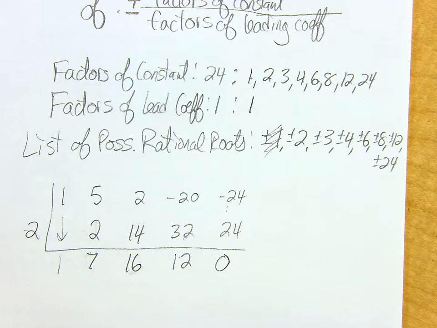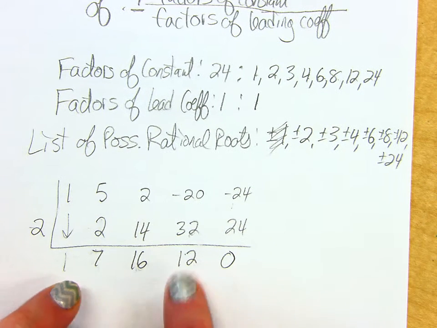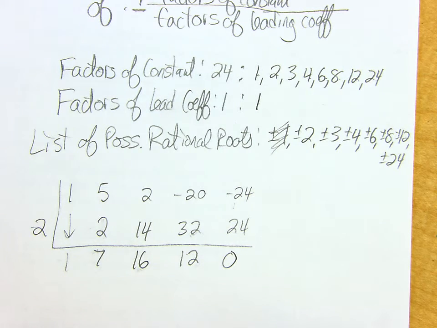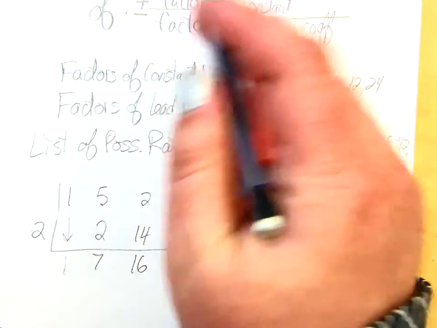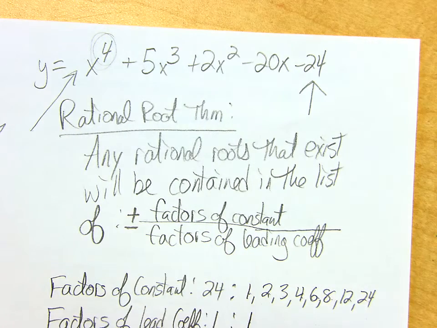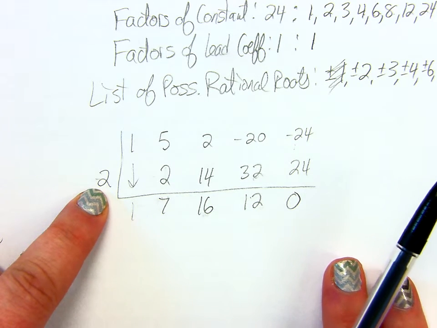Now, remember what these numbers are. These are the coefficients of what's left over. So what I have basically done is taken this crazy big thing in the beginning and factored it a little bit. I now know that x minus 2 is a factor.